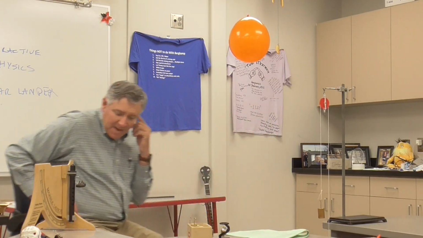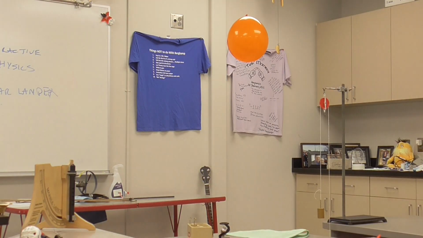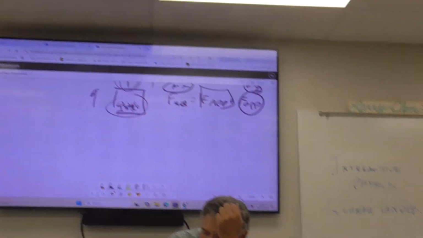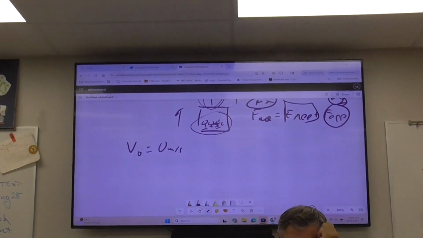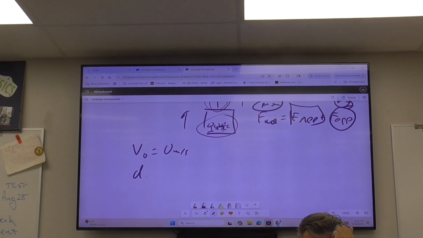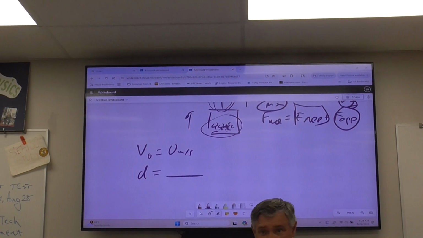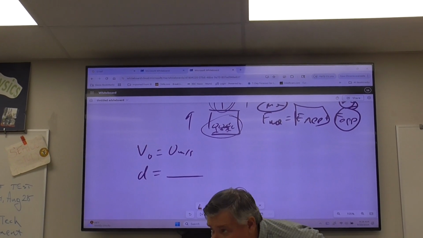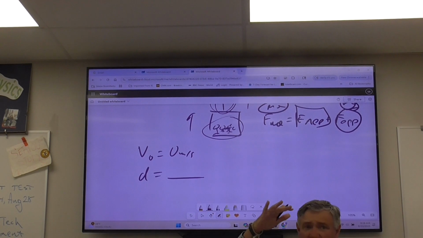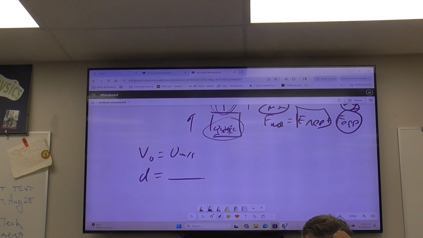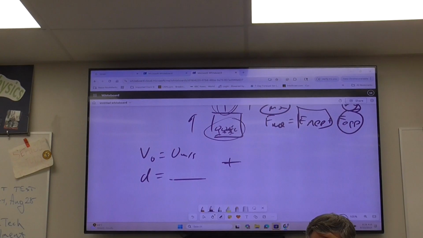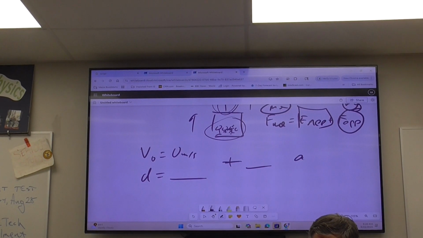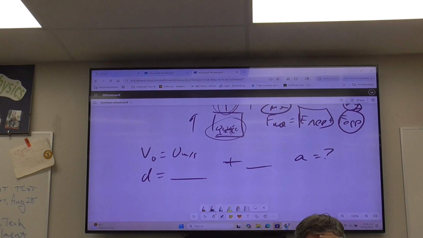So, mathematically, give that a spin one more time. You're going to let the initial velocity be equal to 0. You're going to know some distance, 0.4, 0.3, whatever you want it to be. I'd go at least 0.3. Then you can measure the time. So what kinematic equation relates initial velocity, distance, and time, so that you can find an acceleration?